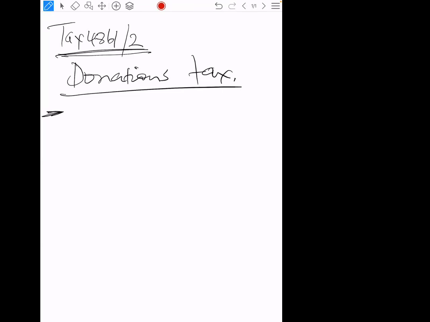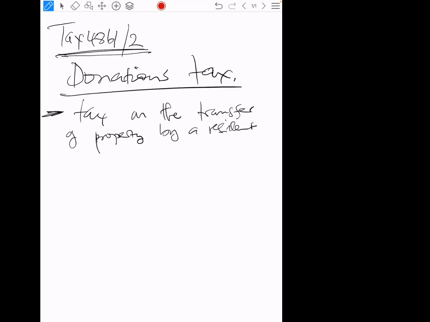Okay, but let's start with the general street talk that we have heard about what the donations tax is. So we'll say that this is the tax on the transfer of property by a resident by way of donation.